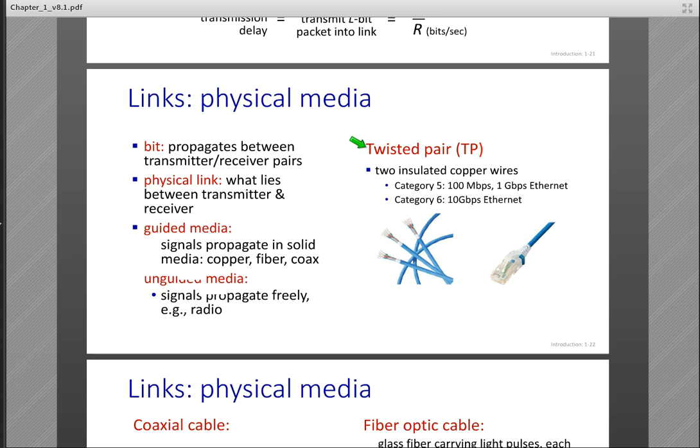Today, when we are using standard Ethernet for LANs, we are using category 5 twisted pair cables. And when we are talking about 10 gigabit per second Ethernet, we have to use category 6.